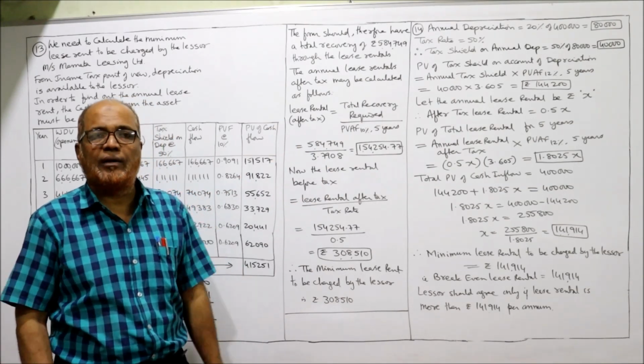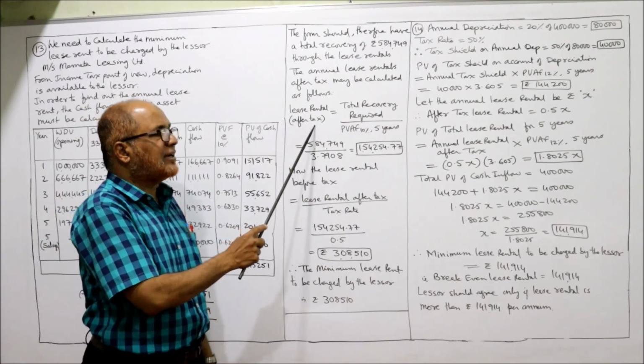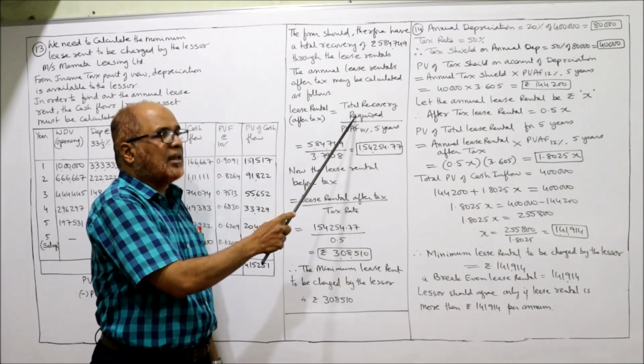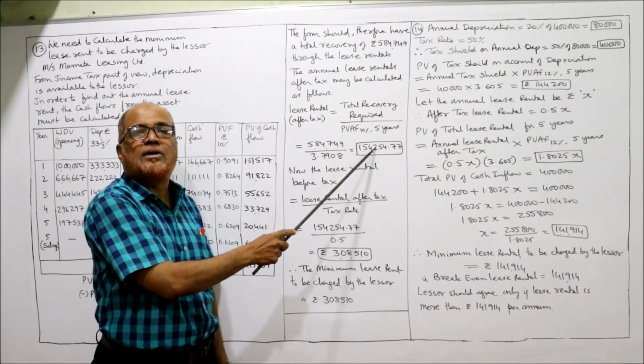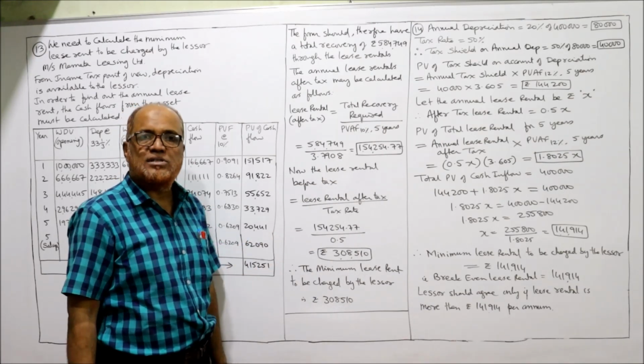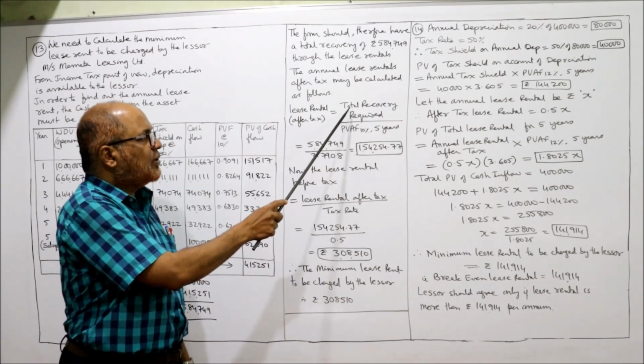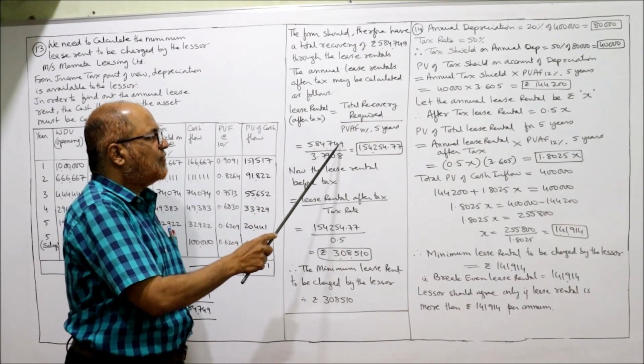We want the annual. The annual lease rental after tax is total recovery required divided by PV of annuity factor, 10% 5 years. So total recovery required is 5,84,749.